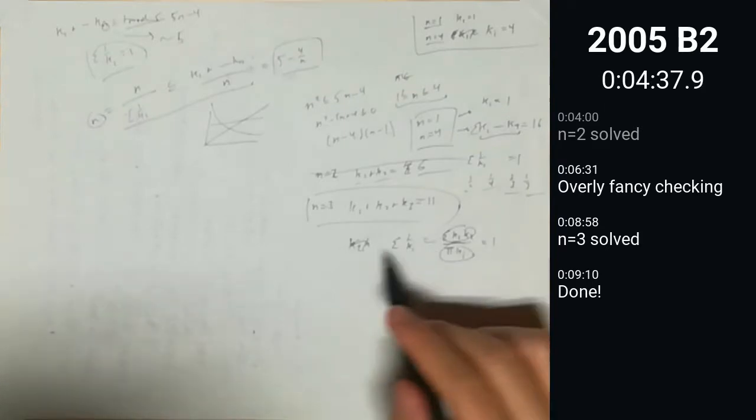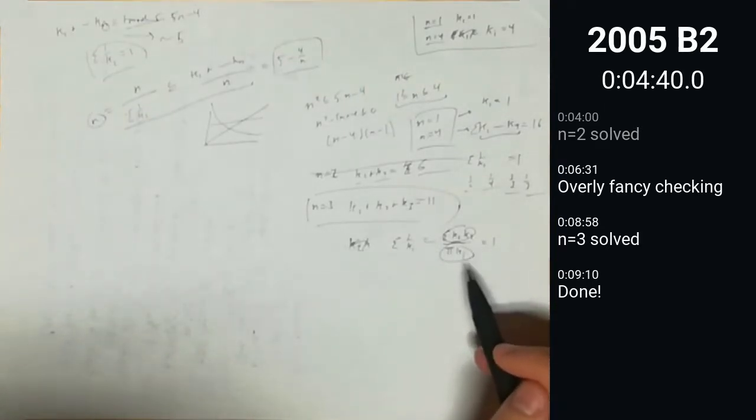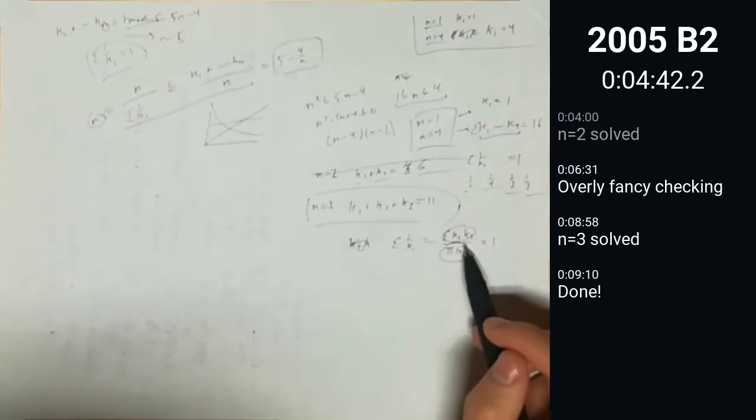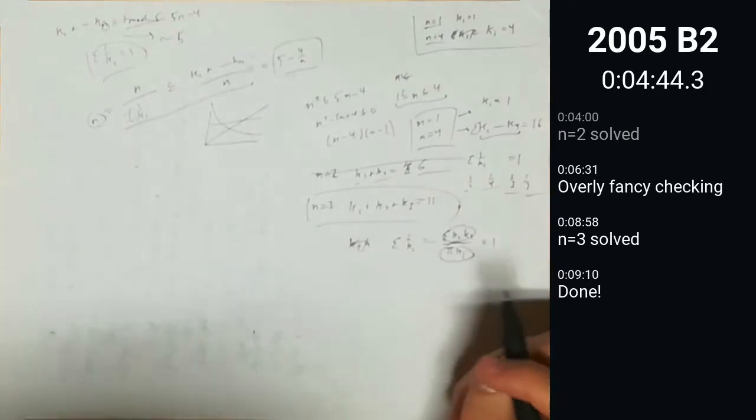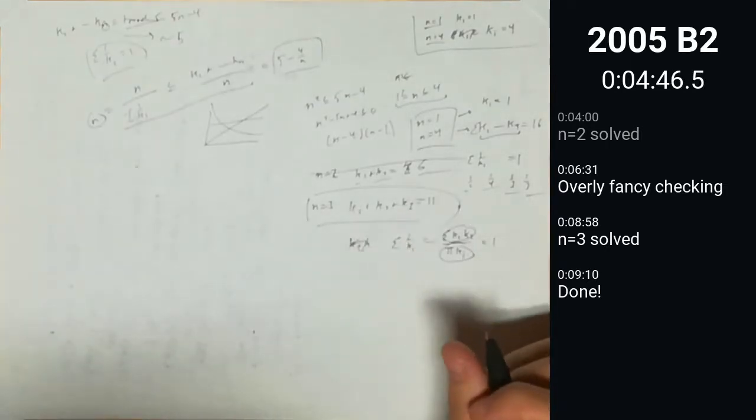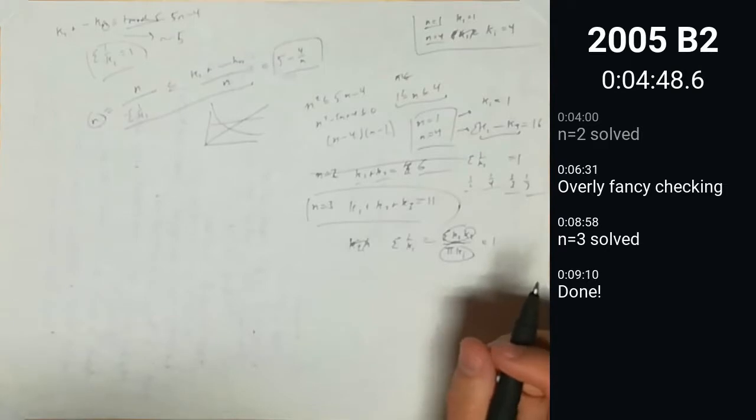Does that help? Not really, but still a finite number of possibilities to check, I guess. Do I want to check them all? Is there a better way than checking them all? I could, because it's not that many, I guess.